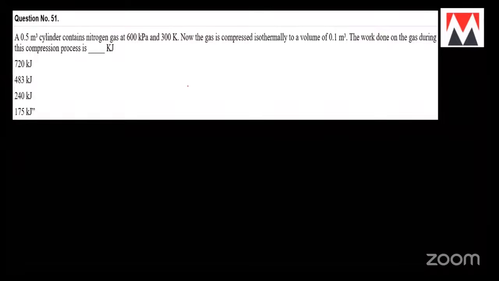A 0.5 meter cube cylinder contains nitrogen gas at 600 kPa and 300 Kelvin. Now the gas is compressed isothermally to a volume of 0.1 meter cube. The work done on the gas during this compression process is? So you have V1 is equal to 0.5 meter cube, V2 is equal to 0.1 meter cube, P is equal to 600 kilopascals, T is equal to 300 Kelvin.